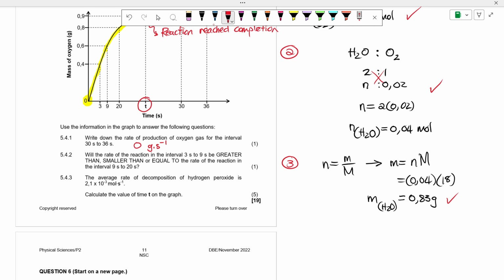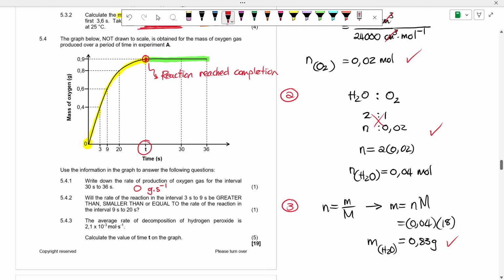If we were to find the gradient, we were going to do 0.8 minus 0.6 divided by 20 minus 9. That's correct. So it's just the gradient between 9 and 20.